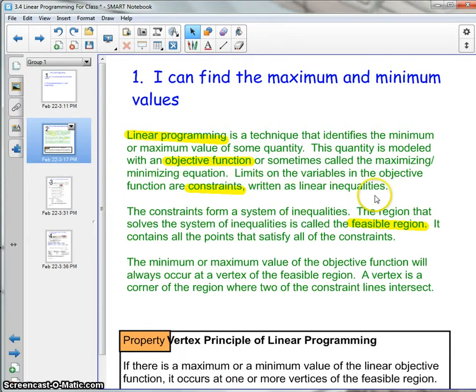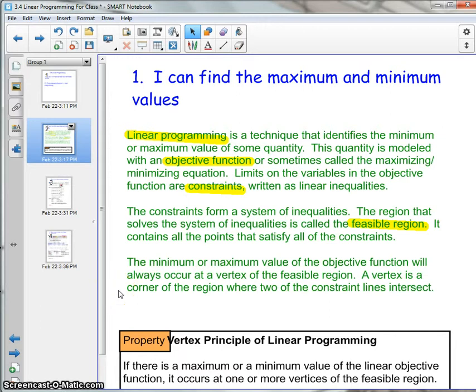So the minimum or maximum value of the objective function will always occur at a vertex of the feasible region. And a vertex is the corner of the region where two of the constraint lines intersect.